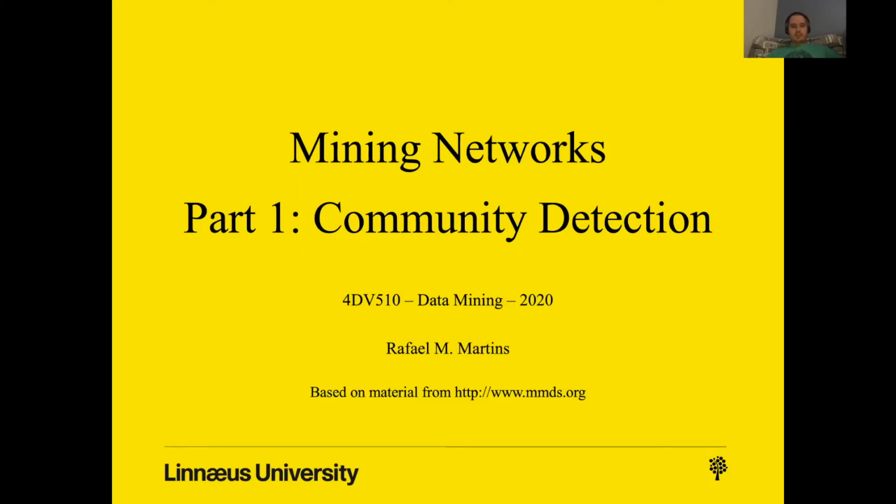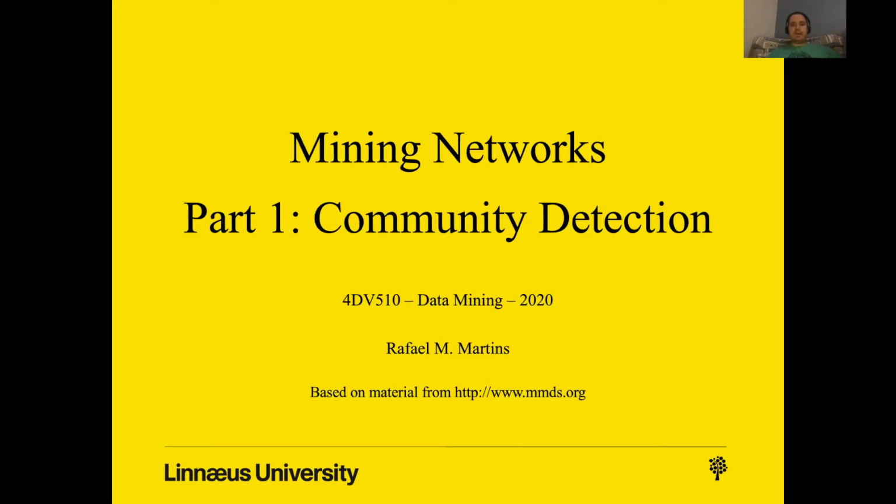This lecture is about mining networks. Now we're starting to step away from the idea of having a data set as just vectors in multidimensional space, and we're starting to think about data as it is structured in different ways.